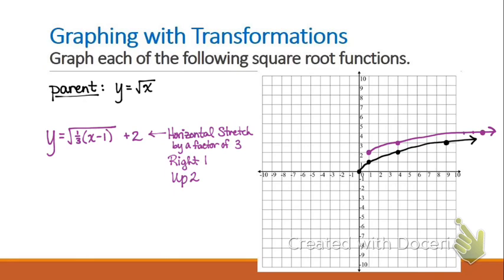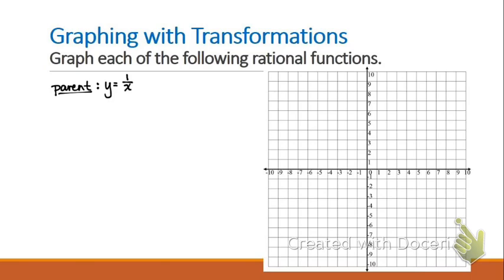All right. Rational functions are our next to last type of function to look at. And rational functions get called reciprocal functions because when I go to graph these, this parent, if my x is a fraction, my y is a whole number, and if my y is a whole number, then my x is a fraction.